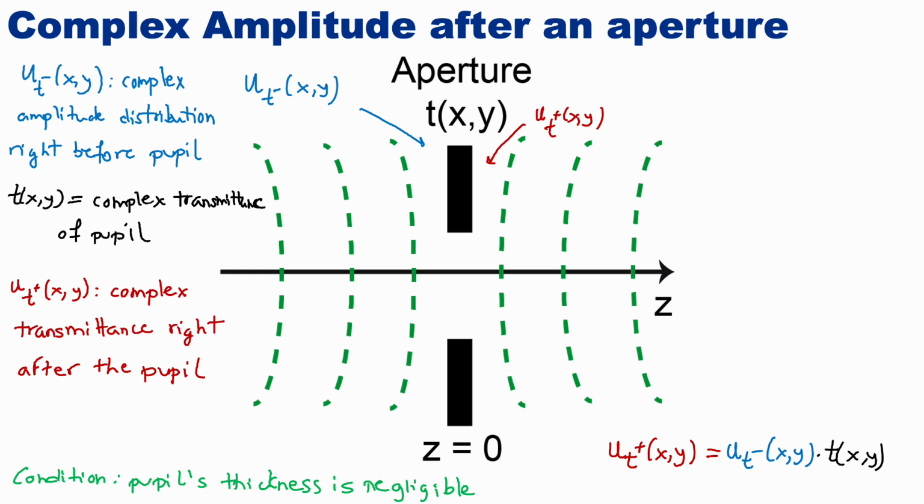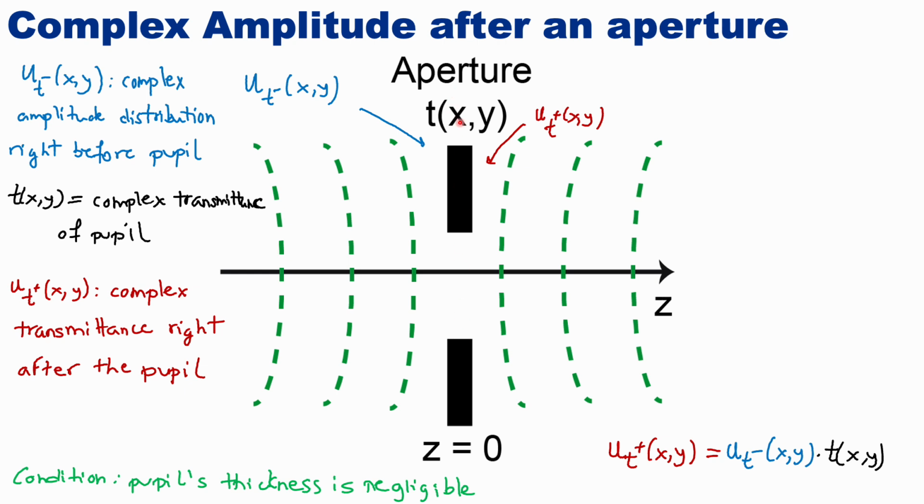So we're gonna find what is in front of it, right before the aperture. So we define the complex amplitude distribution before the pupil or the aperture, and then we know the transmittance of the aperture or the pupil.